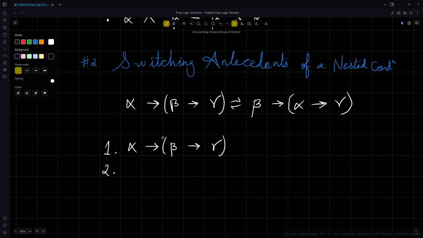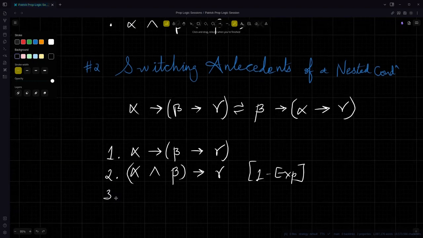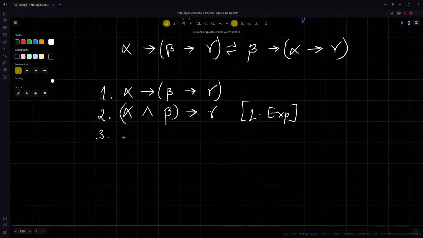Okay. So we'll just apply exportation, and we get gamma. Okay, so that's exportation. Now what can we do?